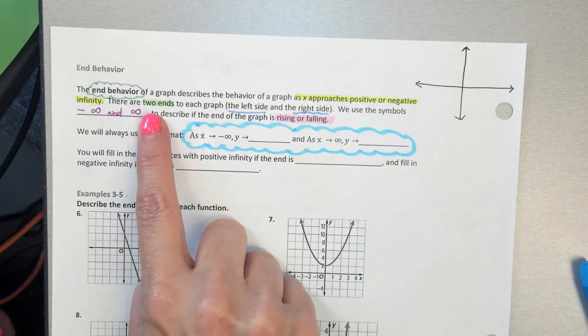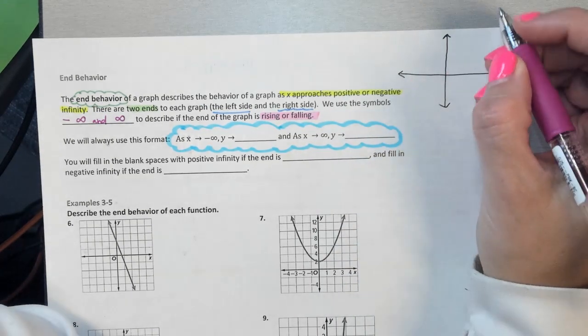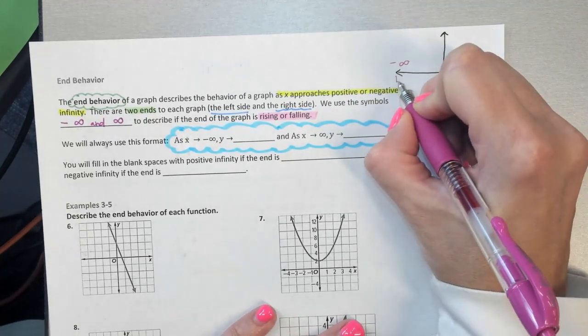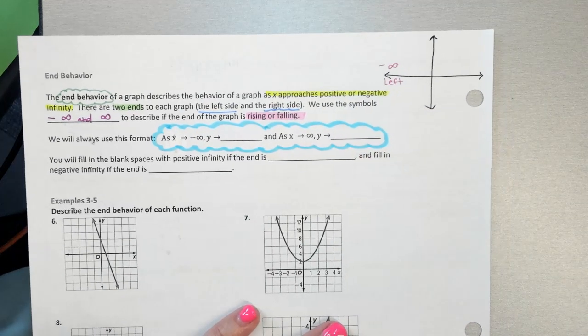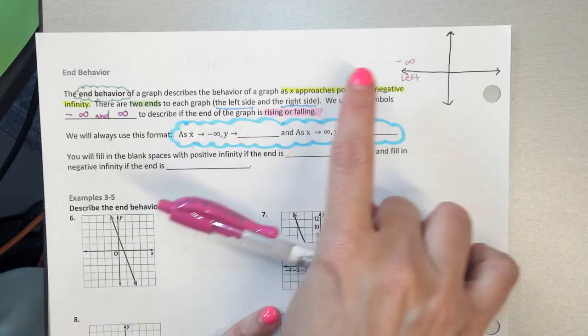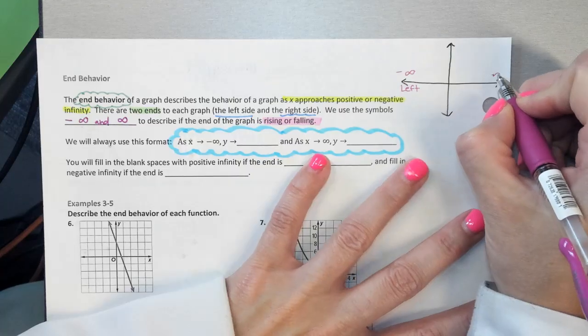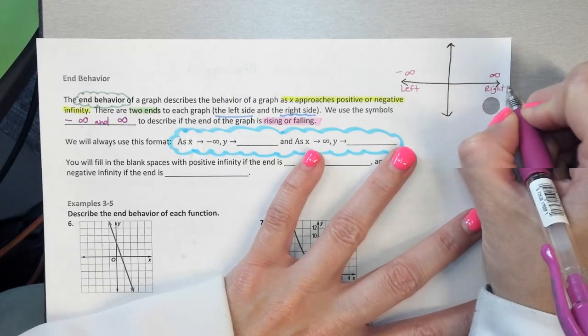That's because every single graph is going to have two ends. If it is on the left side, you are going to negative infinity. So as x goes to negative infinity, that means what's happening on the left. And as x goes to positive infinity, that means the right side.